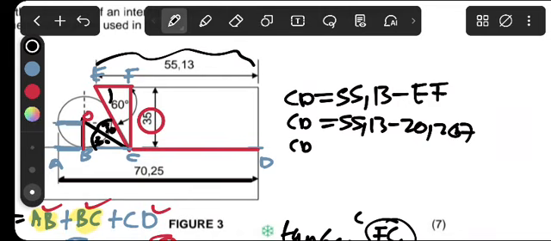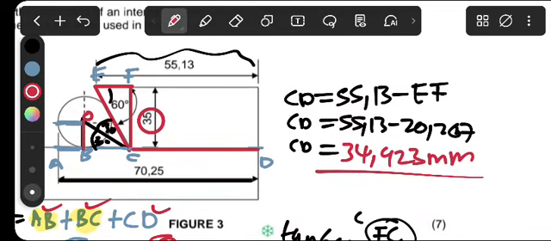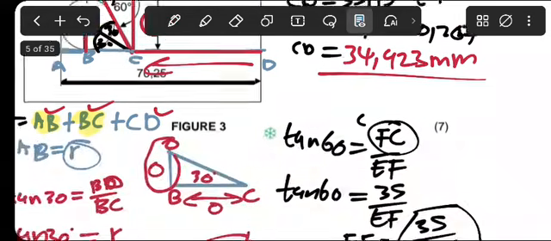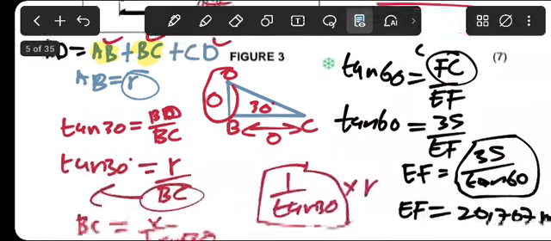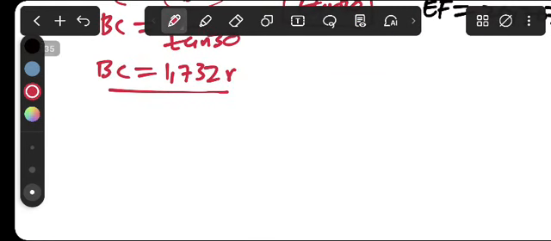CT will be equals to 34.923, in millimeters. So we have CT. Now from the equation that we formulated, let us substitute. Now let us get AD. The aim is to calculate the radius.